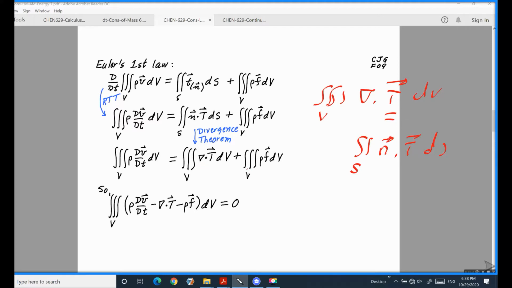Okay, we continue. If we take everything to the left side, then we get the common parenthesis of dV. We obtain this one here, so this should be equal to 0. How are we going to get this equal to 0?